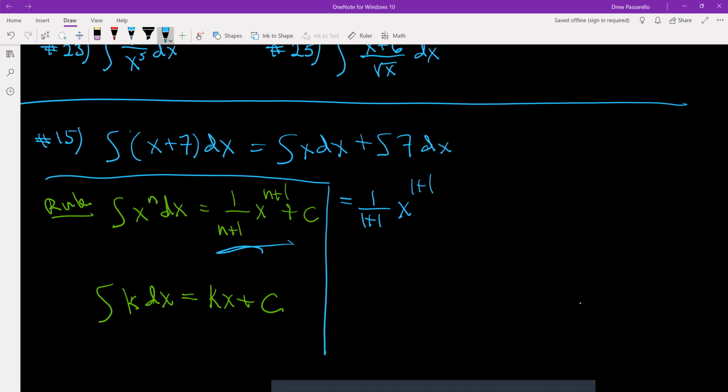And then we have 7, and that's a constant, so that's going to become plus 7x. I almost wrote k. 7x, and then we got to attach our constant of integration at the end. All right, so make sure you always put the plus c. So that's going to be 1/2 x squared plus 7x plus c.